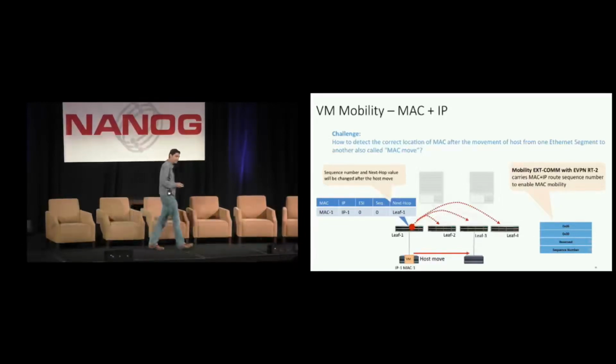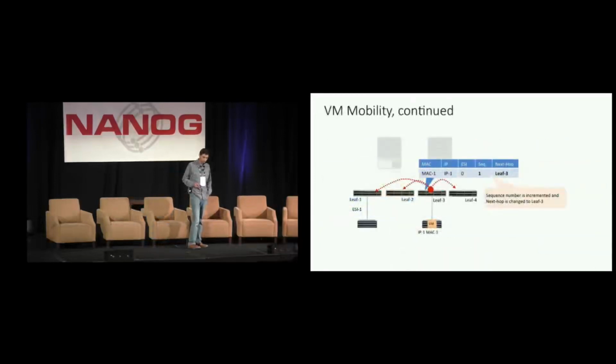Now, when the host, let's say, moves here from leaf 1 to leaf 3, and leaf 3 learns the host locally, again via ARP learning or via MAC learning, leaf 3 at this time already has an existing route that was advertised by leaf 1 for this host.